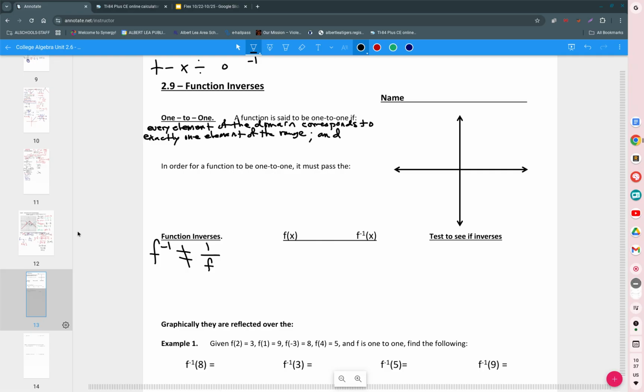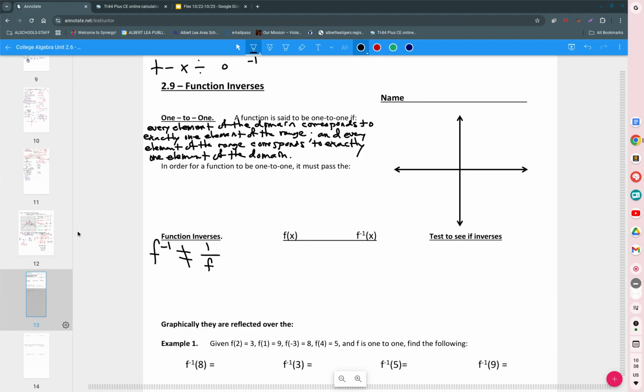Do you see that? So every element of the domain corresponds to exactly one element of the range, and every element of the range corresponds to exactly one element of the domain.